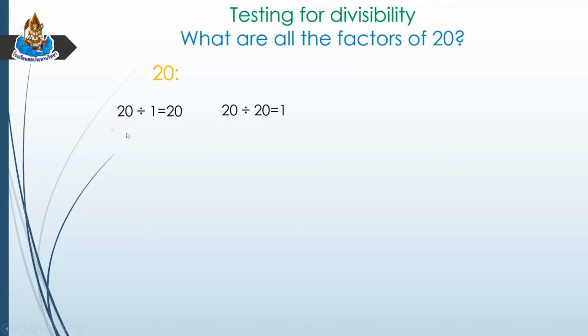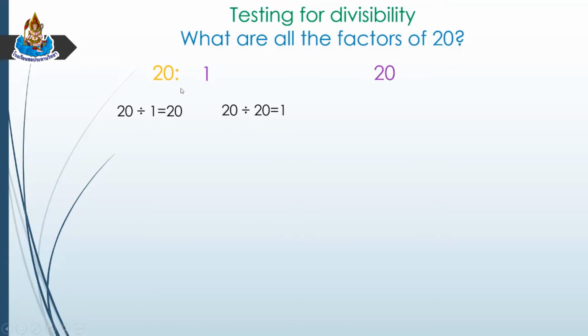So as you can see, both the divisor and the quotient are factors of our number. So by testing only one number, you can find two factors. It will make our testing so much quicker. So 1 and 20 are factors of 20.